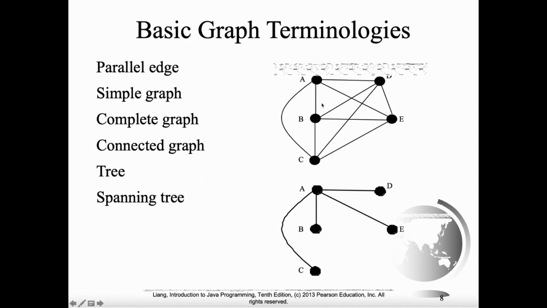No, not in this example, but a simple graph is a graph that doesn't have any loop in it. A complete graph, which we have right here in the picture, means we have every possible edge that we can create to connect this graph together.